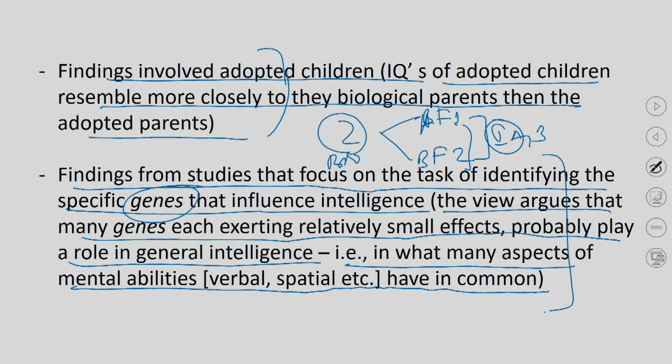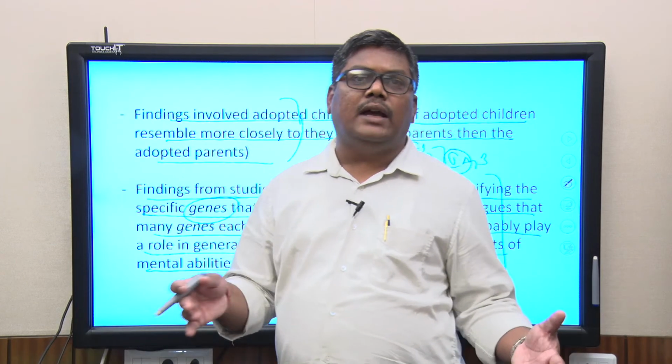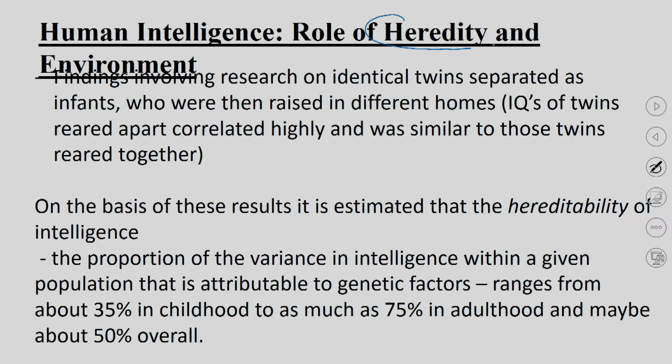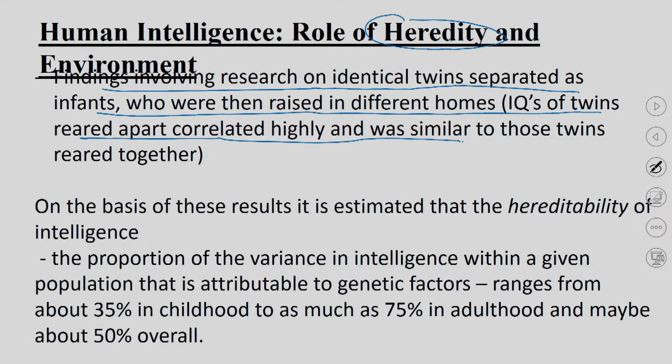So certain genes, through their individual roles, combine together to come up with what intelligence is. Another finding involves research on identical twins separated in infancy and raised in different homes: the IQs of twins reared apart correlated highly and were similar to those of twins reared together.